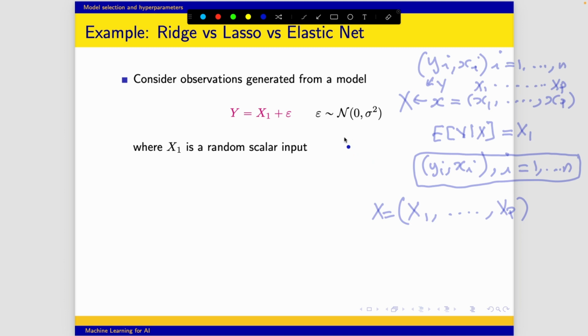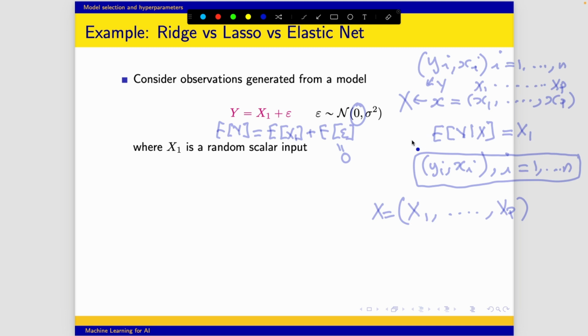So by the linearity of expectation, the expected value of y will be the expected value of x1 plus the expected value of epsilon, but that is just 0. Right? We are generating this data as x1 plus some noise with mean 0 and variance sigma squared, and it's normally distributed. So the expected value of y given x is just x1.